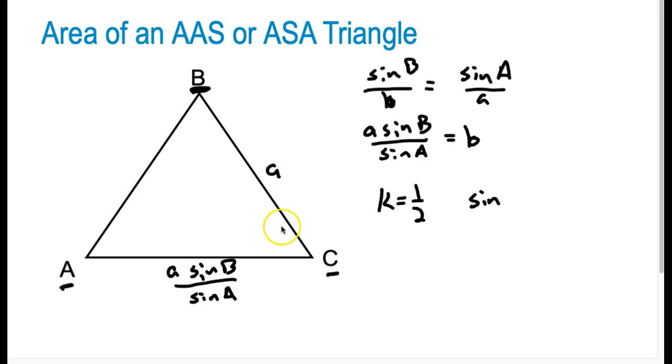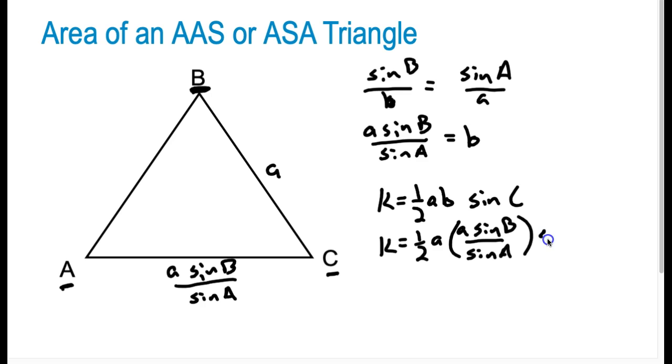If we're given side A, we want to use, since we know sides A and B now, A B sine of C. There we go. So now we can just replace B in this formula with this. So K equals 1/2 times A times A sine of B over sine of A times sine of C. And we can clean that up just a little bit.